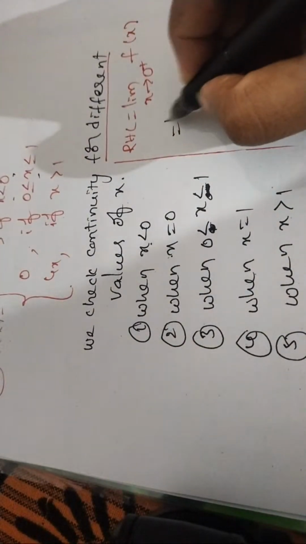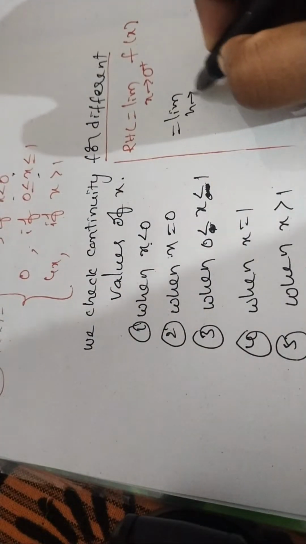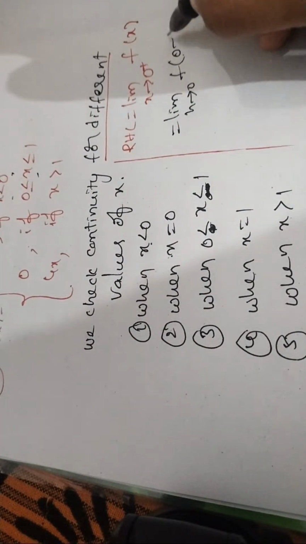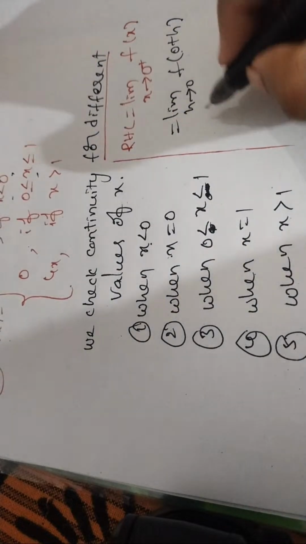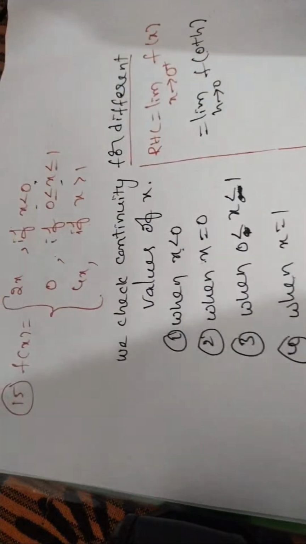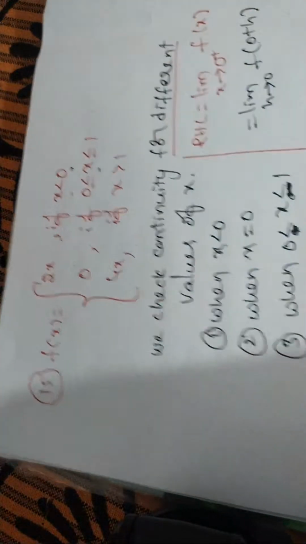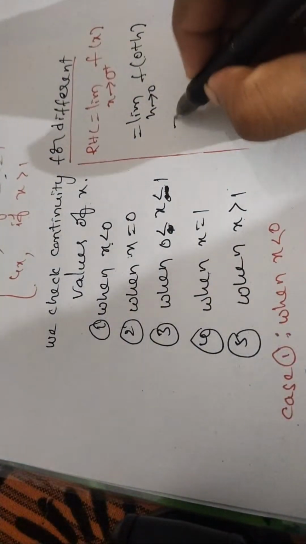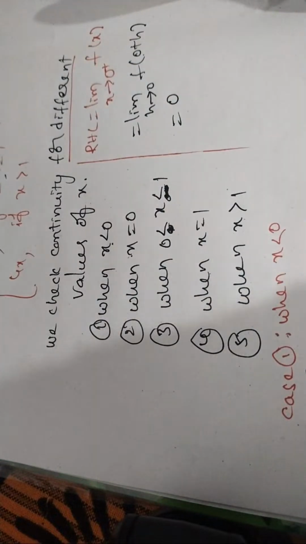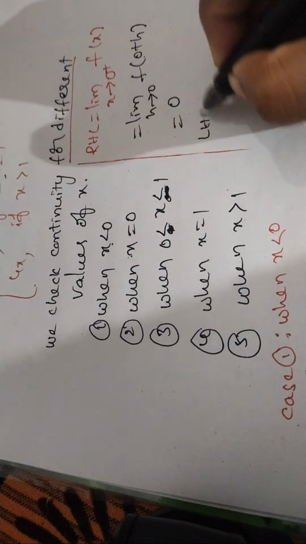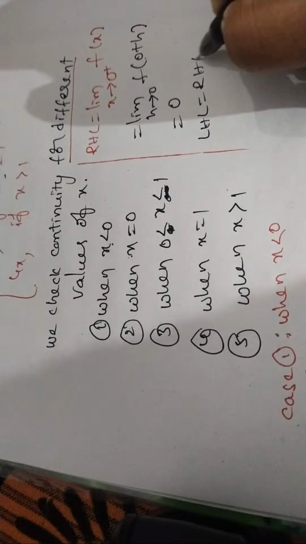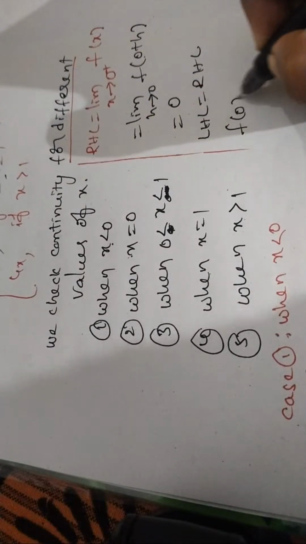Now I will start from 0, h tends to 0, f of 0 plus h. Now 0 plus means more than 0. What is the function there? The function is 0. So we will write here 0. Both are equal. LHL is 0, RHL also 0.